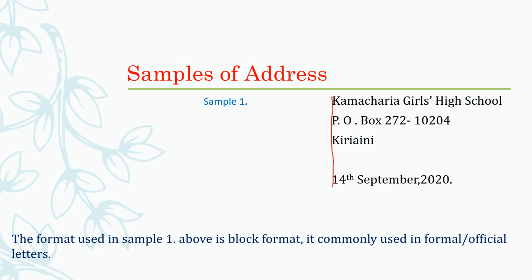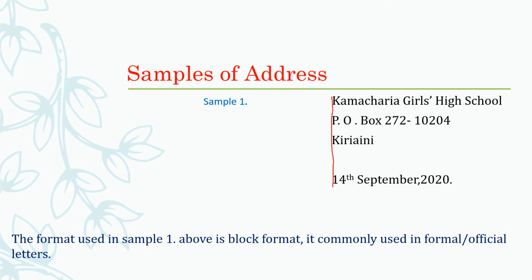That is the main reason why we are referring to this address as using the block format. Another thing to note about this writer's address is that it is not starting with the name of the person who is writing this particular letter. Instead, the writer of this address is using the name of an institution like Kamasharia Girls High School.